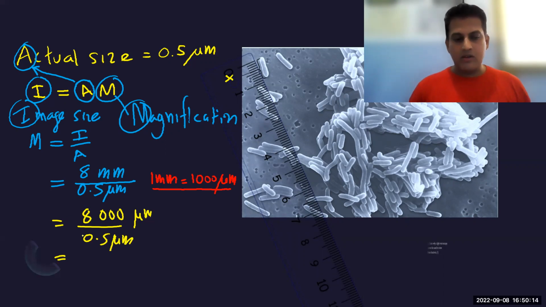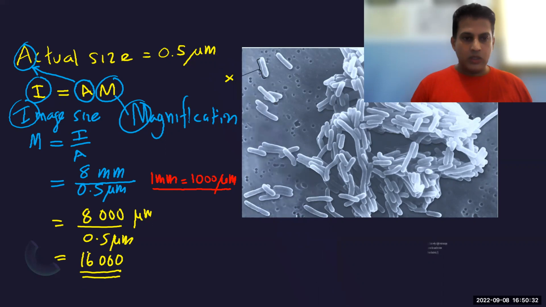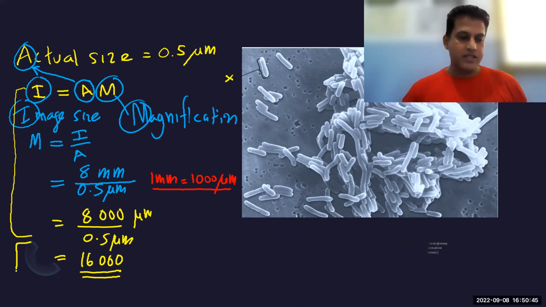Right, now I use the calculator. I divide 8,000 by 0.5 micrometer. My answer is 16,000. So this carries only 1 mark, but it is always advisable you show the method, and this is your answer.